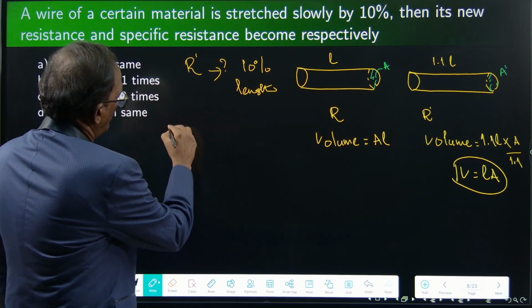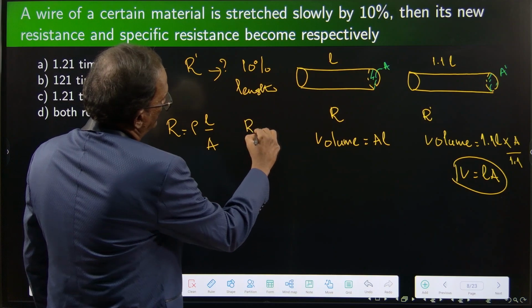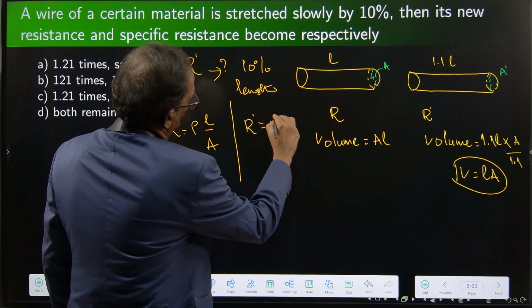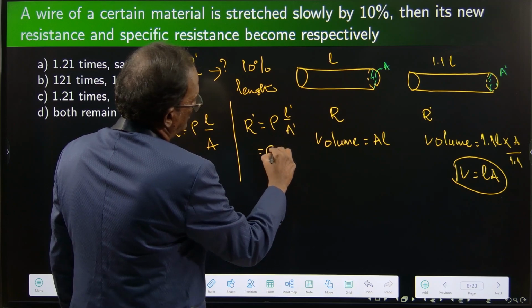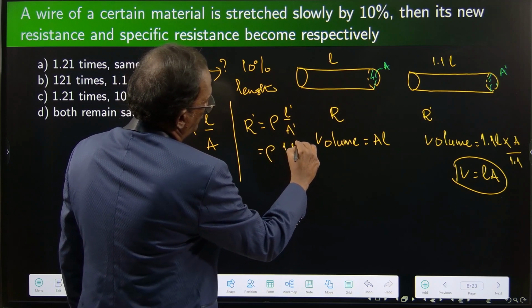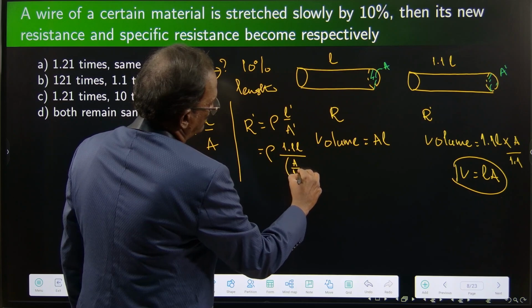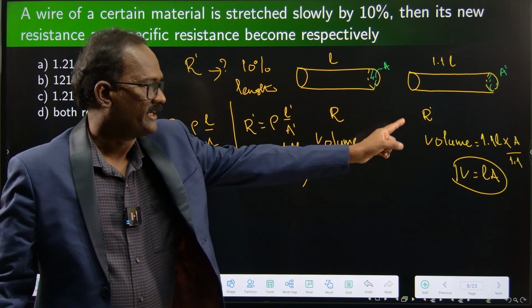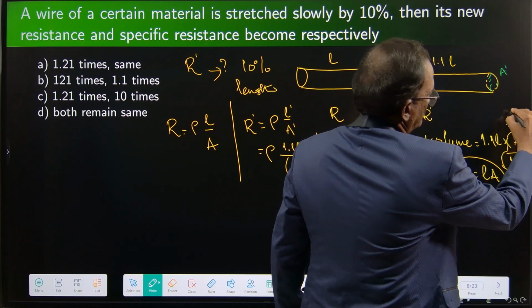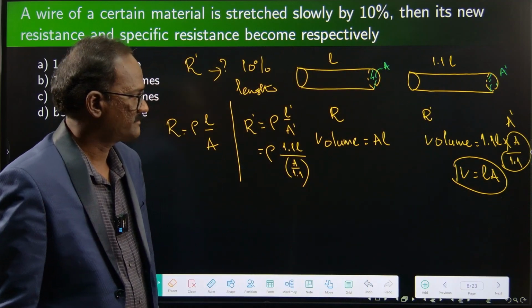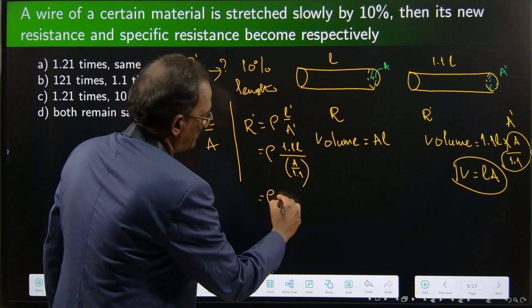So R is equal to rho L by A. R dash is equal to rho L dash by A dash, which is equal to 1.1 L divided by A by 1.1. A by 1.1 is A dash, the new area. 1.1 will go up.